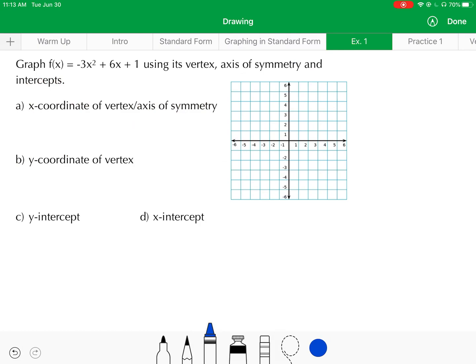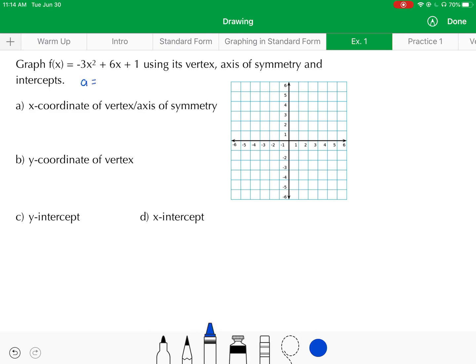So let's get right into an example. Here we have the function f of x equals negative 3x squared plus 6x plus 1. I know that's going to graph to be a parabola just by the format it's in. Let's first find the x-coordinate of our vertex as well as our axis of symmetry. To do this, we should identify our a, b, and c values.